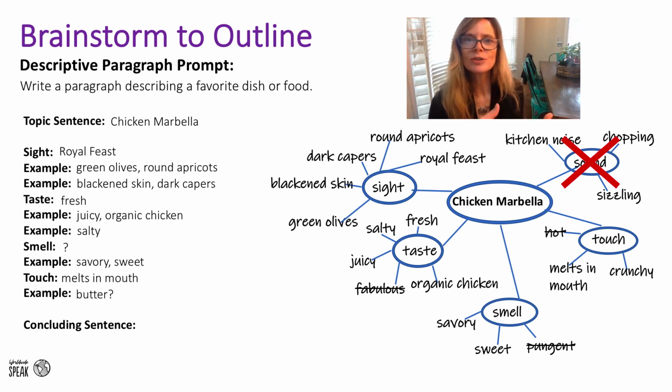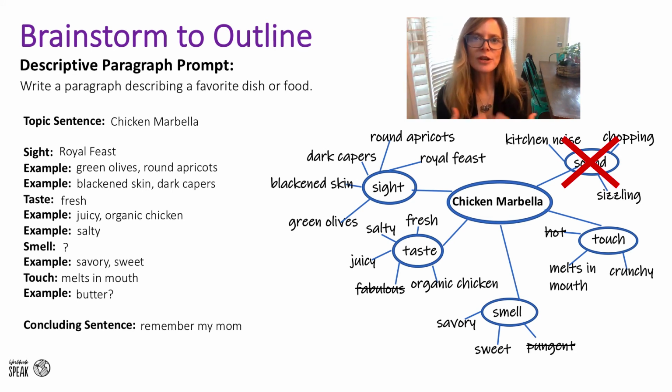That means you wrote a clear and effective paper, and that part of your purpose of writing is to really reach your reader. So I was thinking, okay, Wendy, how am I going to end this descriptive paragraph about this delicious chicken marbella?